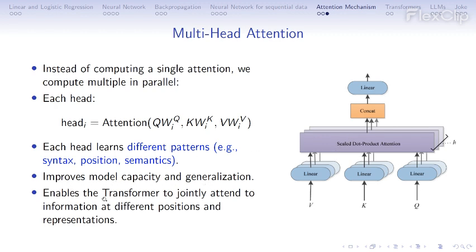It enables the transformer to jointly attend to information at different positions and representations. So basically, in the way we humans understand, it can learn the contextual meaning of a word as the context changes and the position changes, based on the context. Yeah, some heads learn the syntax, some heads learn the syntactic and semantics and whatsoever.